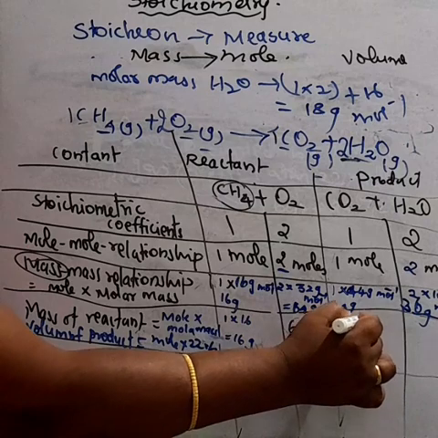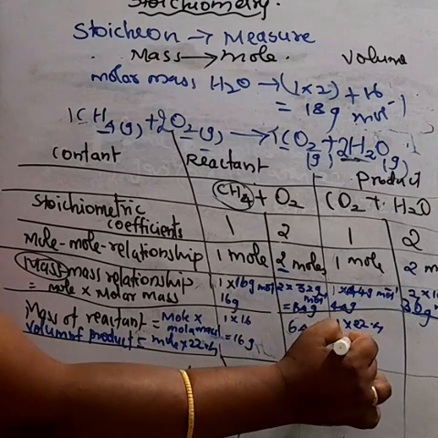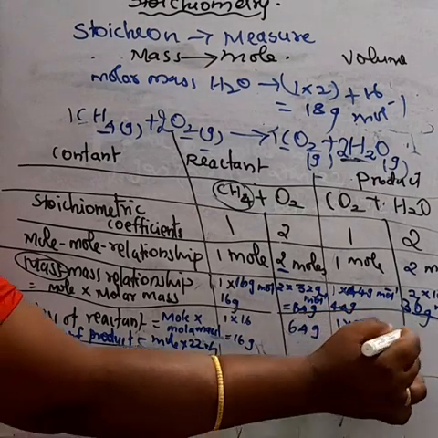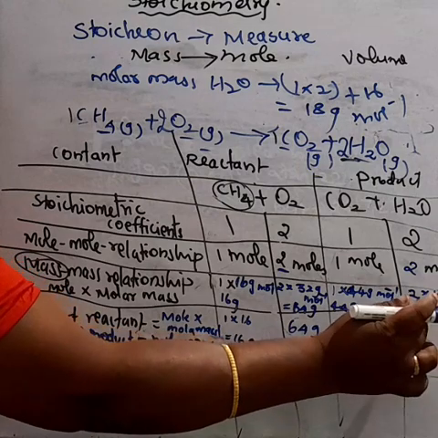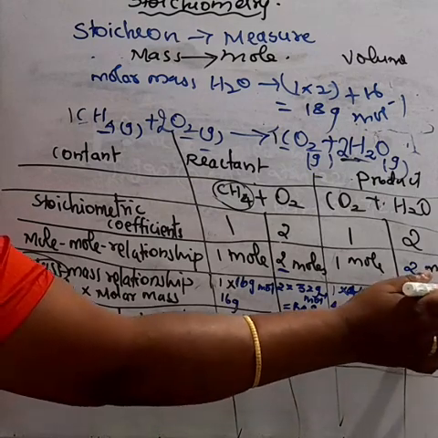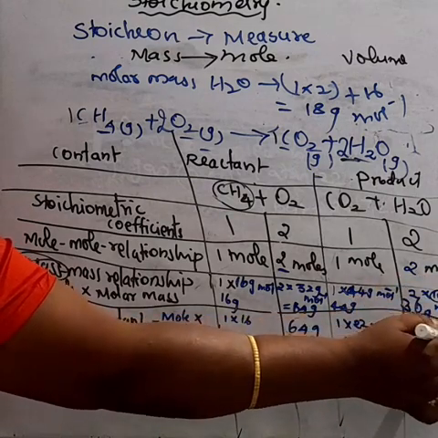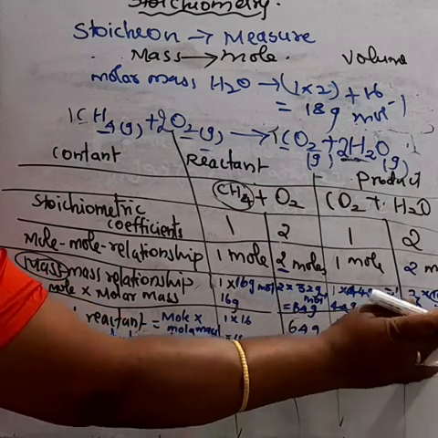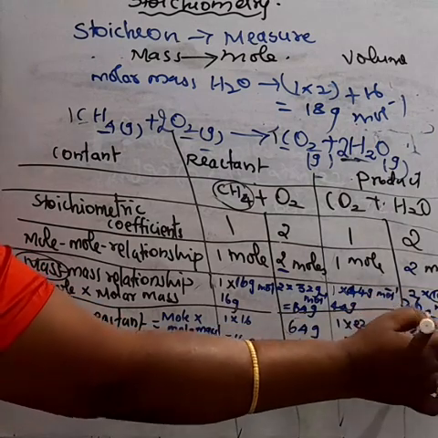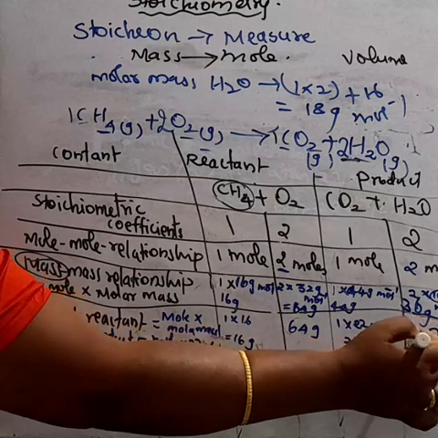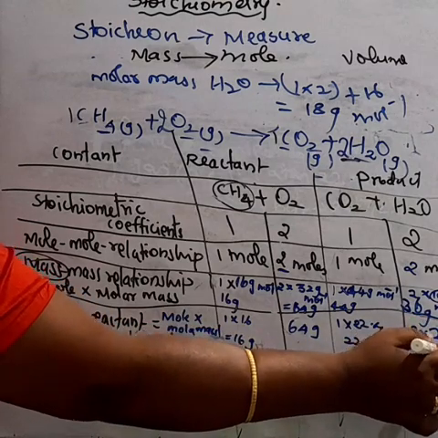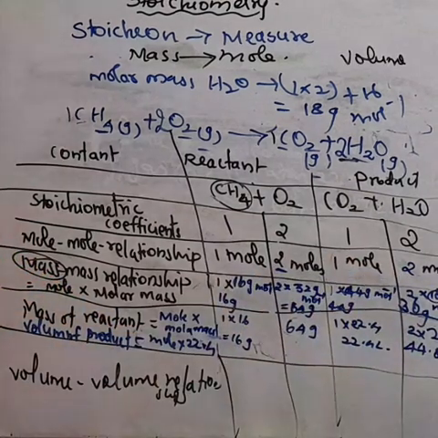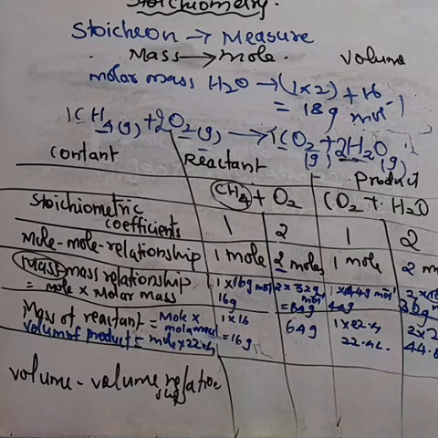And for water, 2 moles, so 2 into 22.4 liter is equal to 44.8 liter. Understood?